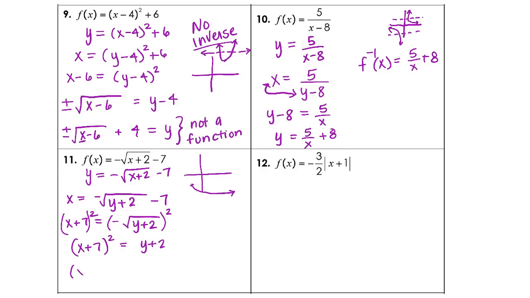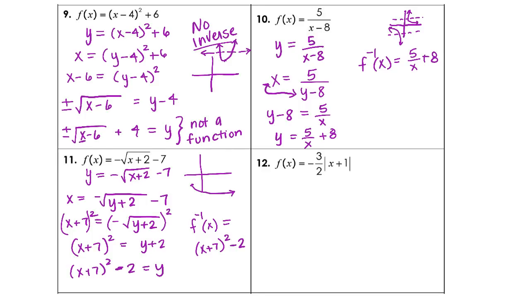And then we're going to subtract 2 over: minus 2 equals y. And so now we're ready to go ahead and do our inverse. So f inverse of x is going to be equal to x plus 7 all squared minus 2.